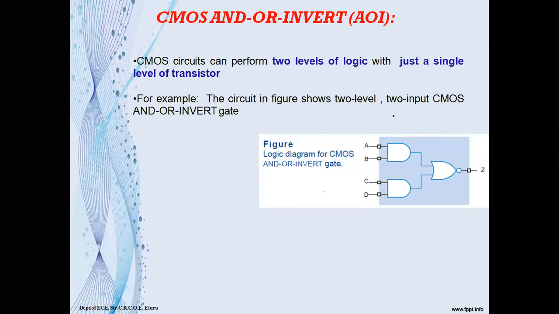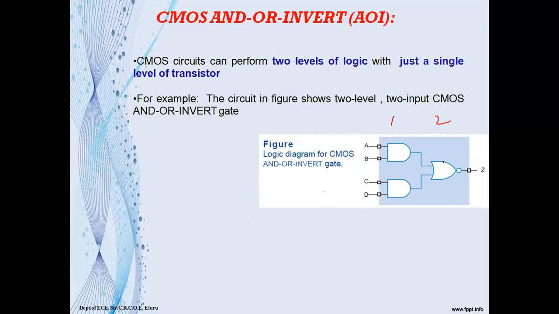The first stage consists of the AND gate. The AND gate itself shows us one level of transistors, where the AND gate has a group of transistors which implements the AND functionality for the given example.